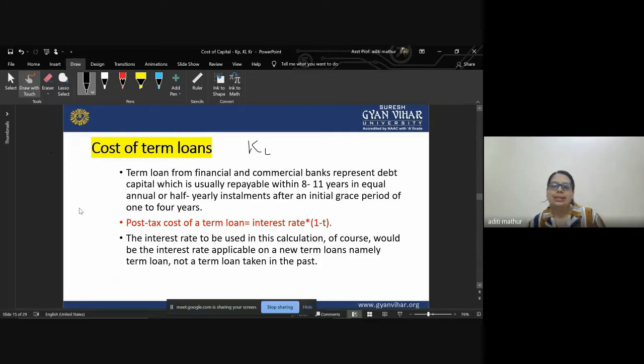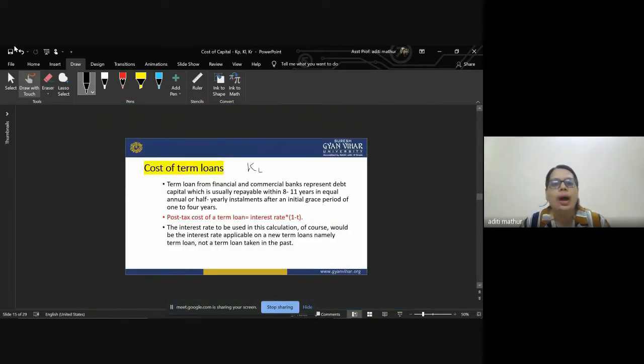1 minus t, right? Why we have to calculate it post tax, that means after tax, is because we need the KO to be after tax. And again, I would like to recall that the interest rate given to us is always pre-tax. Why?